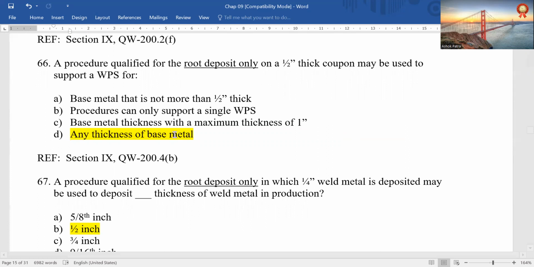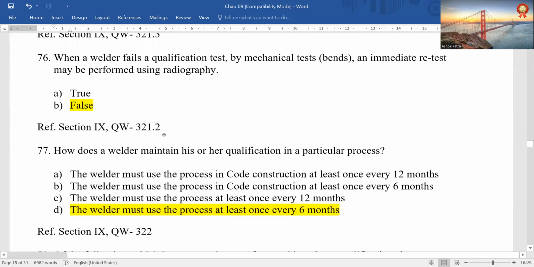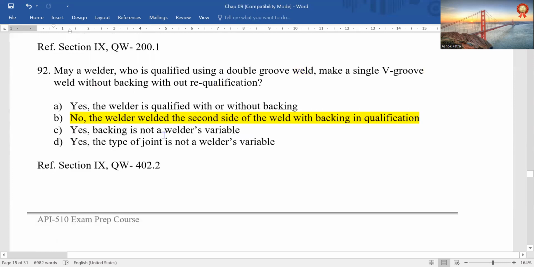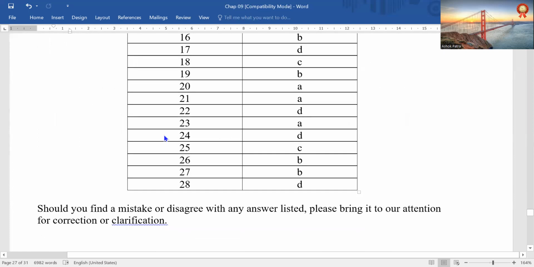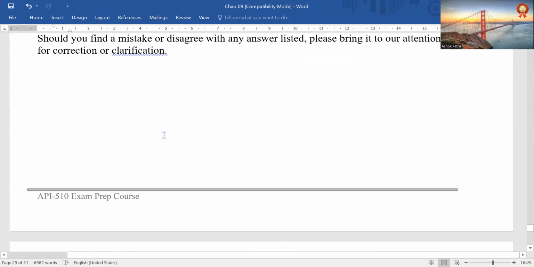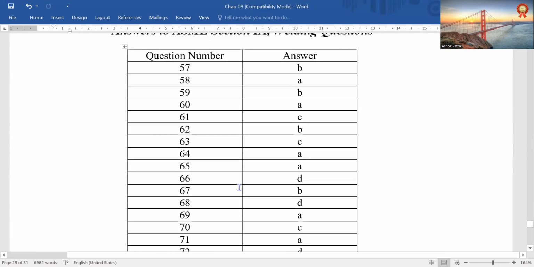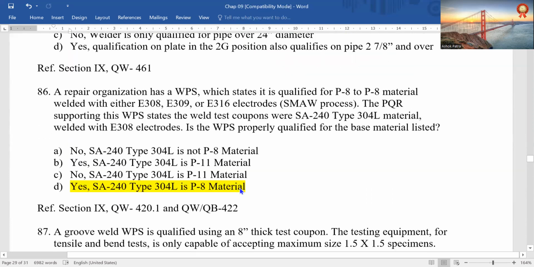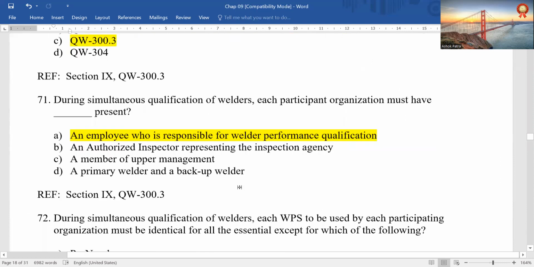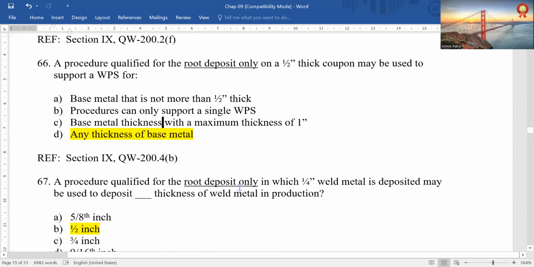One minute, let me see. 66. Don't agree with that. Let me see. A procedure qualified for the root deposit only on a half-inch thick coupon.